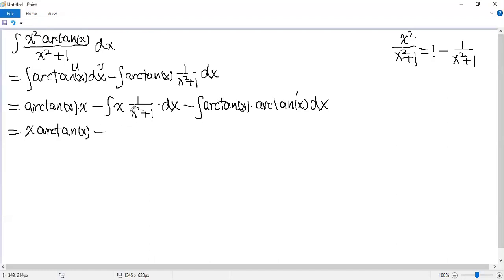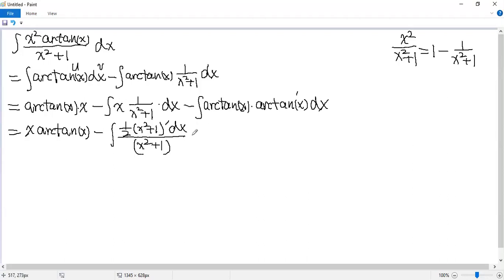For the second term, we can write the top as half times the derivative of x squared plus 1 dx, and the bottom is still x squared plus 1. You can verify that, because the derivative of x squared plus 1 equals 2x, times half, so we get x.